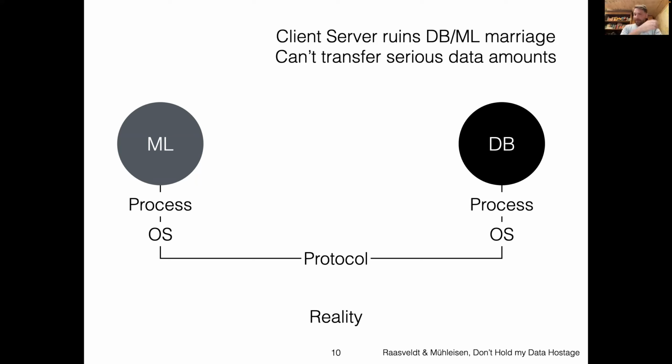There is some movement in this space. We work a bit with the Voltron Data Arrow people, and they're working very hard on improving this, but the status quo is still that the protocols spoken between database clients and database servers are bad.